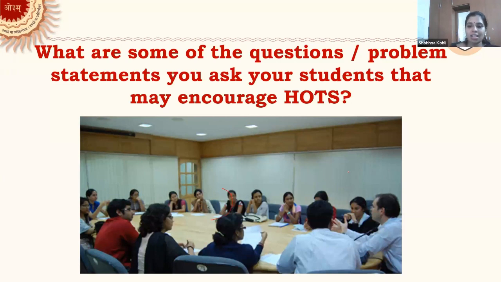So again, the child has to work step by step. We have asked to find the difference, and second, the difference between what? Place value and face value of 3 in number 230.